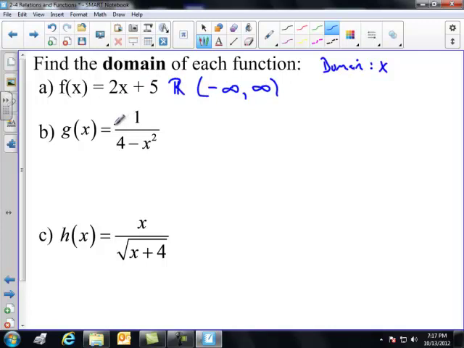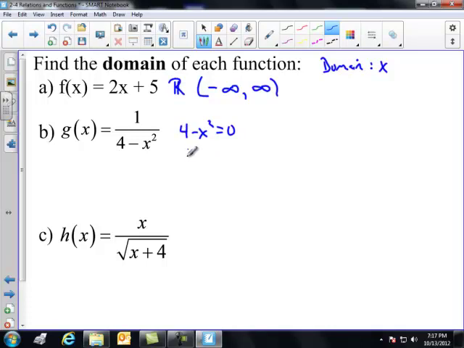However, here's maybe a better example, so you can see where the domain is actually restricted. What we've got with g of x is 1 over 4 minus x squared. Well, that's a fraction. The one thing you cannot have in a fraction is the denominator being 0. So to figure out this domain, I'm going to set that denominator equal to 0, because those values would make the denominator 0, which we cannot have.